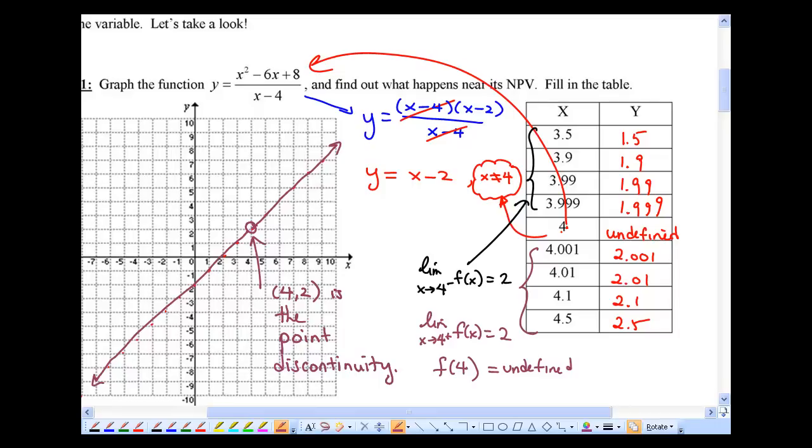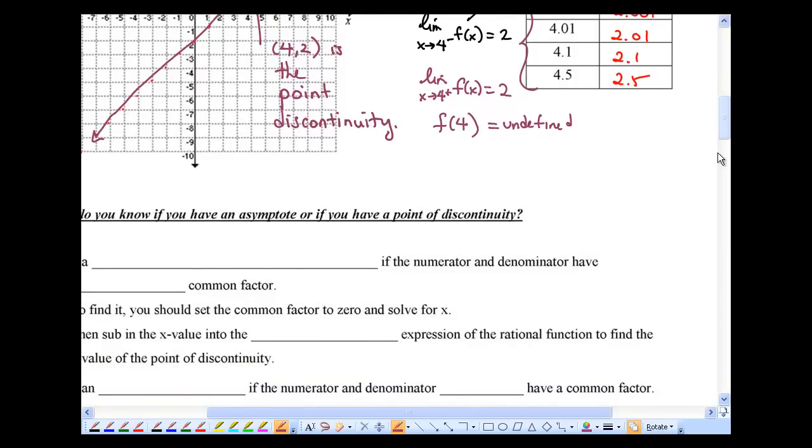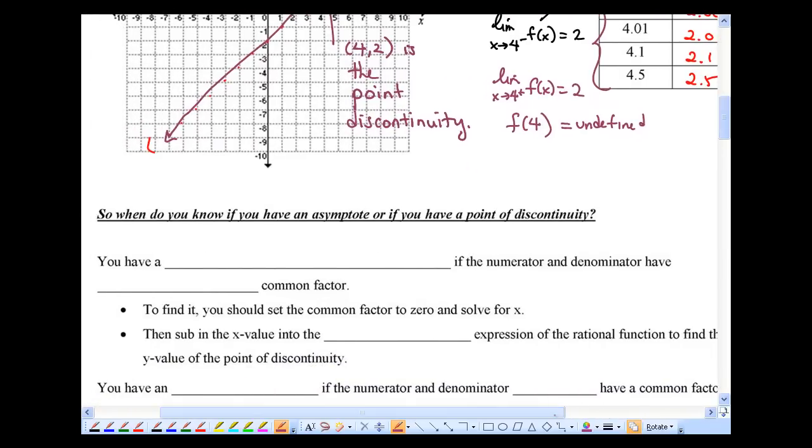All right. So my question to you is, how do we know if we have a point discontinuity or an asymptote? Well, hopefully this will help you out. You have a point discontinuity if the numerator and denominator have at least one common factor between them.